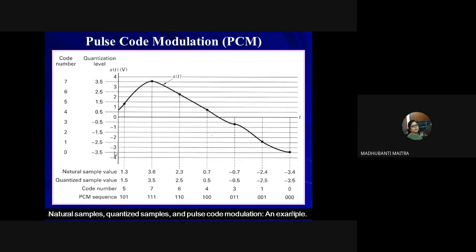And since here we have used 8 levels, 2 to the power 3 is equal to 8, finally these quantized sample values could be coded with the help of a sequence of zeros and ones. The first one will be 1.5.